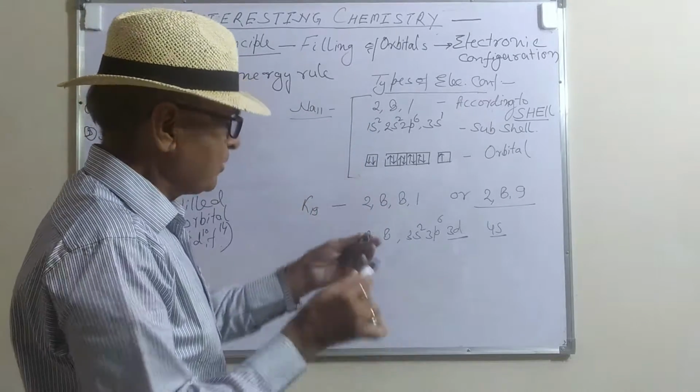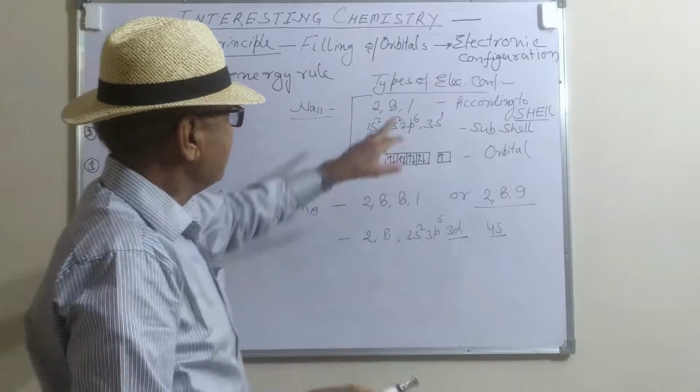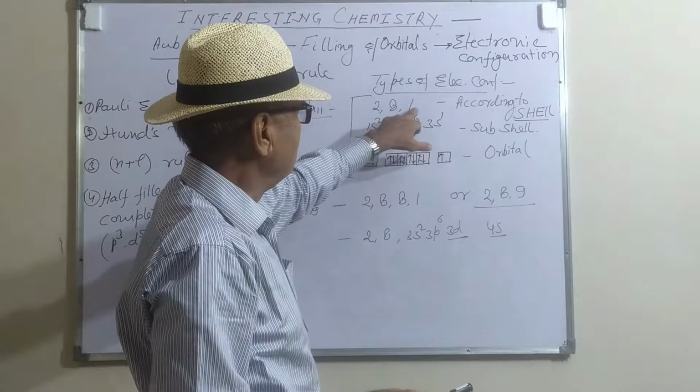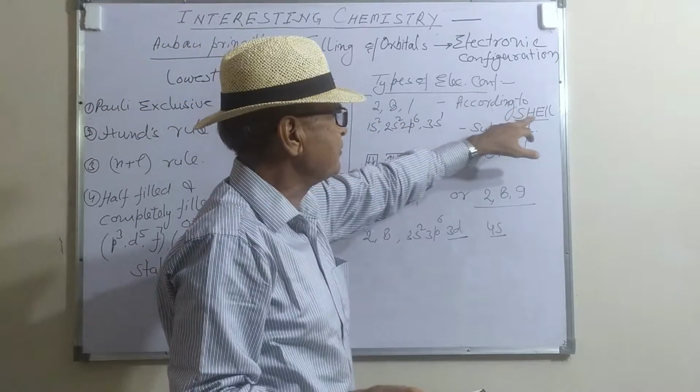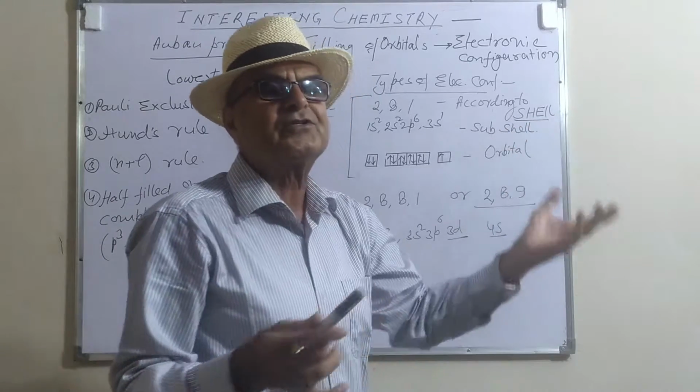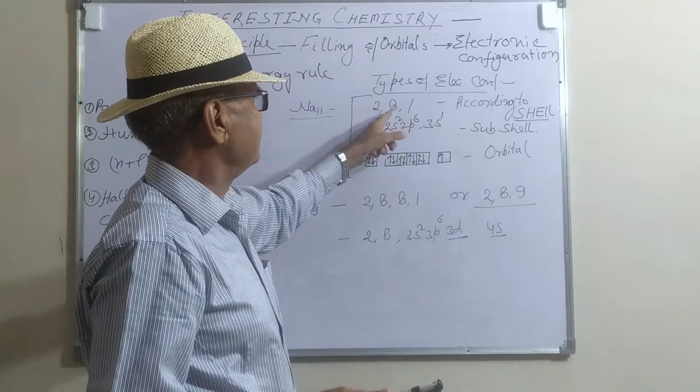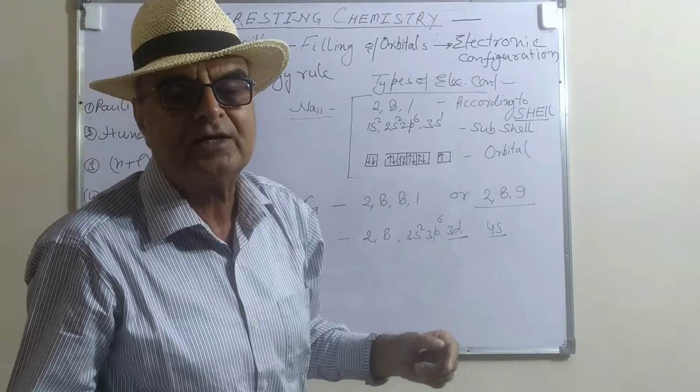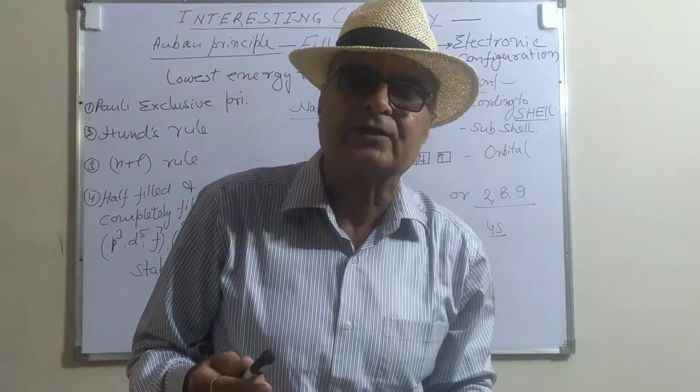Here I have shown. This first type of electronic configuration is according to the shell. In the first shell there are 2 electrons, in the second there are 8, and in the third shell there is 1 electron.